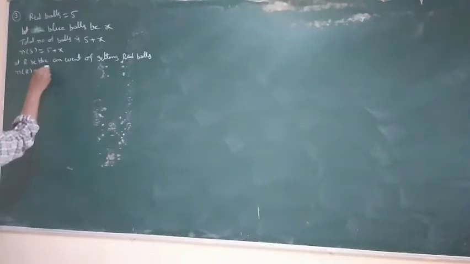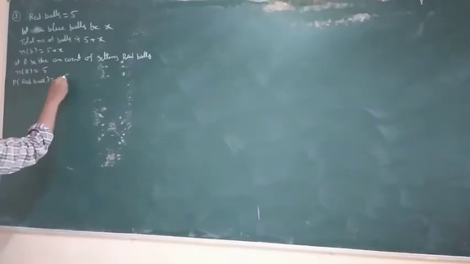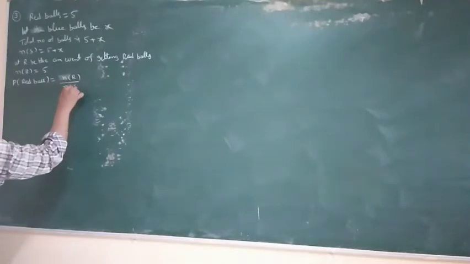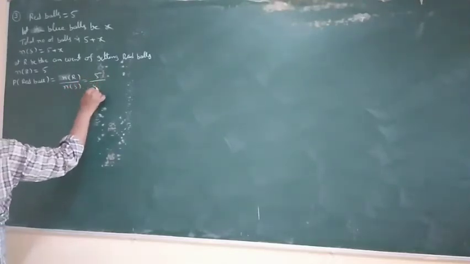So n of R is equal to 5. Probability of red ball is equal to number of red balls by n of S, equal to 5 by 5 plus x.